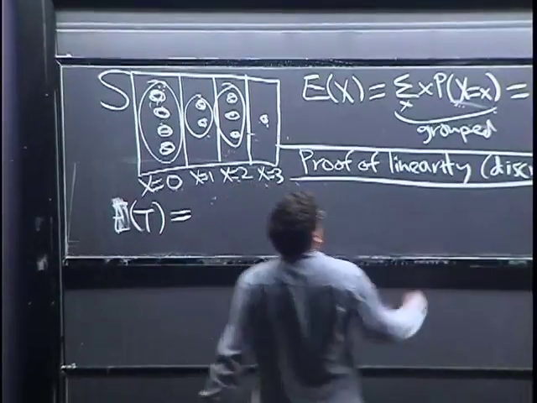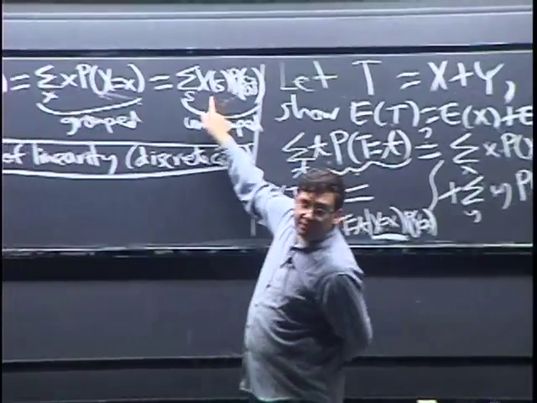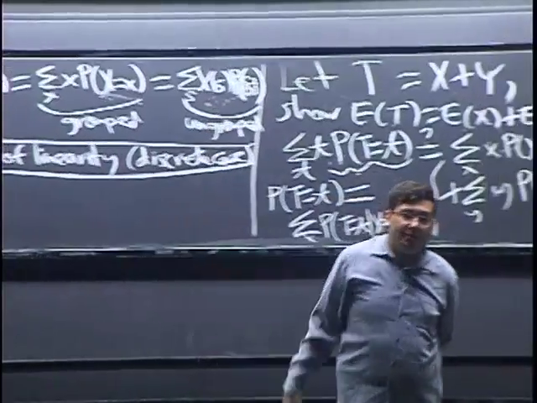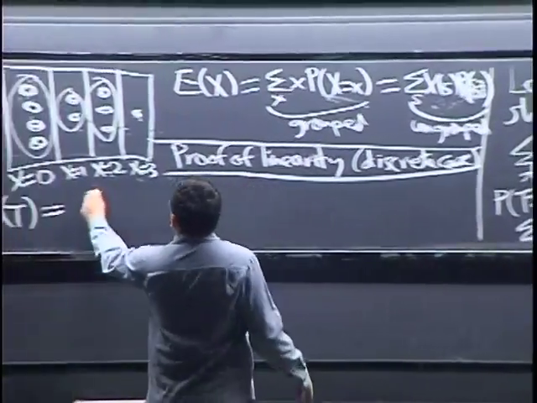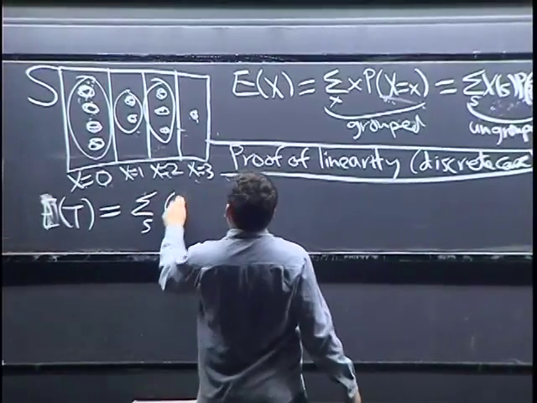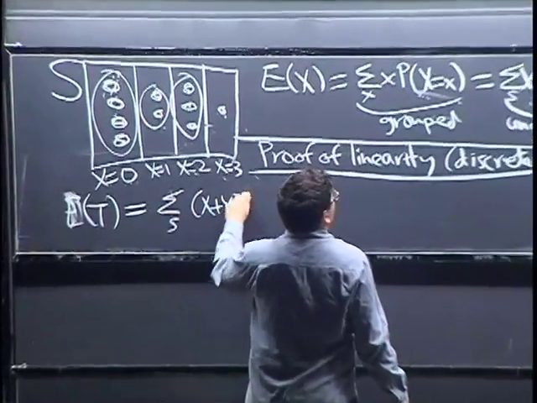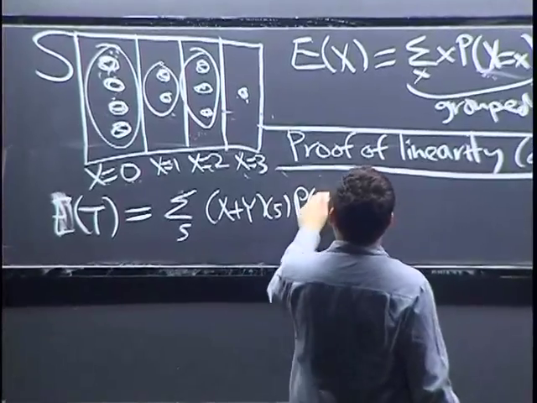That definition got us stuck. Let's use this way to write it as a sum over all pebbles. So it's the sum over all S of (X plus Y) of S times P of S.